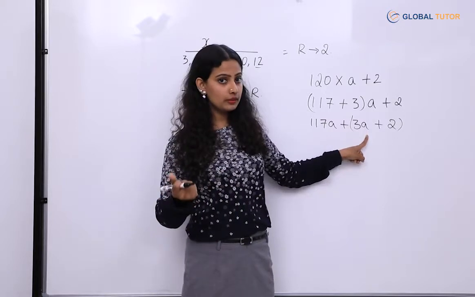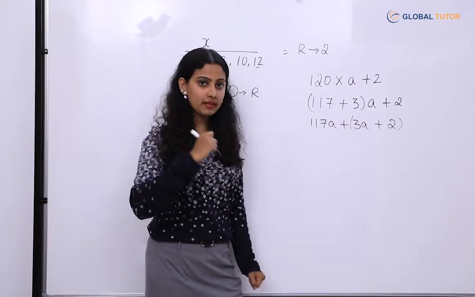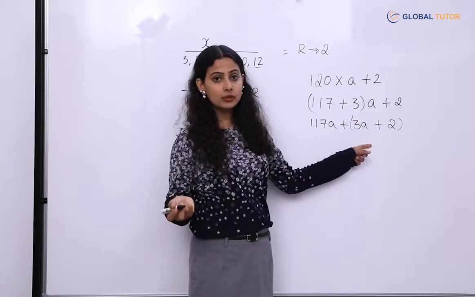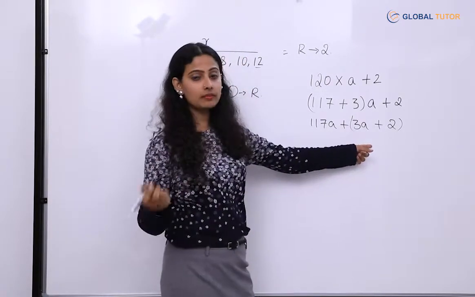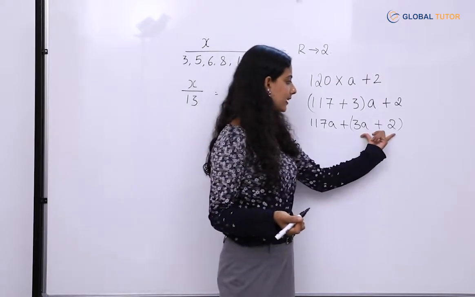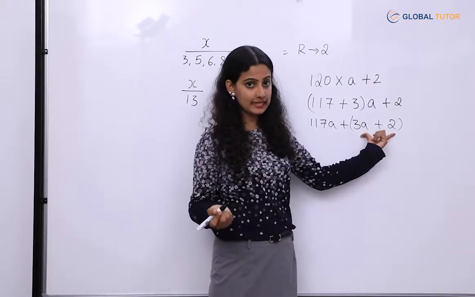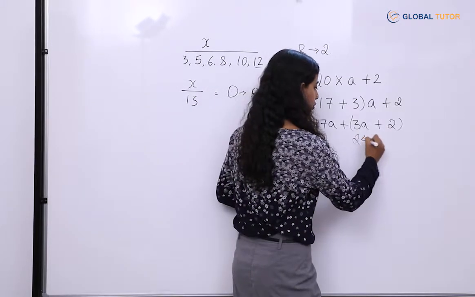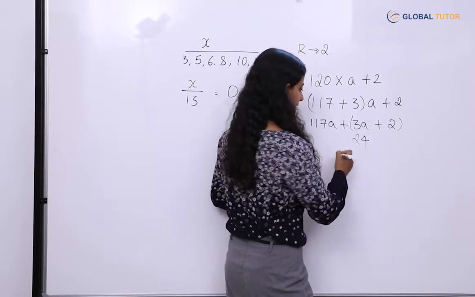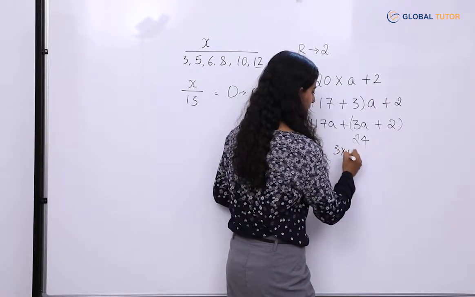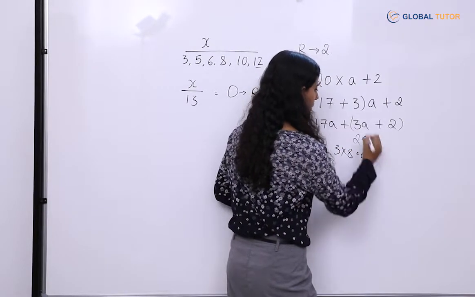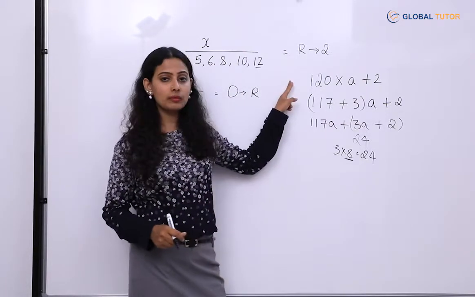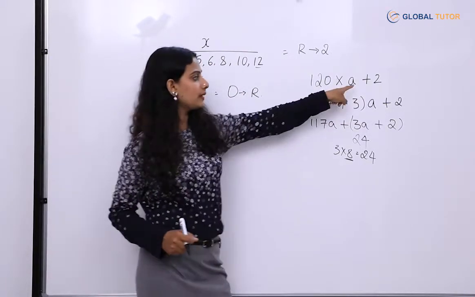Which is not possible. So let us consider the second multiple of 13, which is 26. Now if you consider 26, this entire number has to be 26, for which 3a has to be 24, which means a will be 8, right? 3 into 8 is 24. So a will be 8. So in this case, the least number will have 8 in place of a.